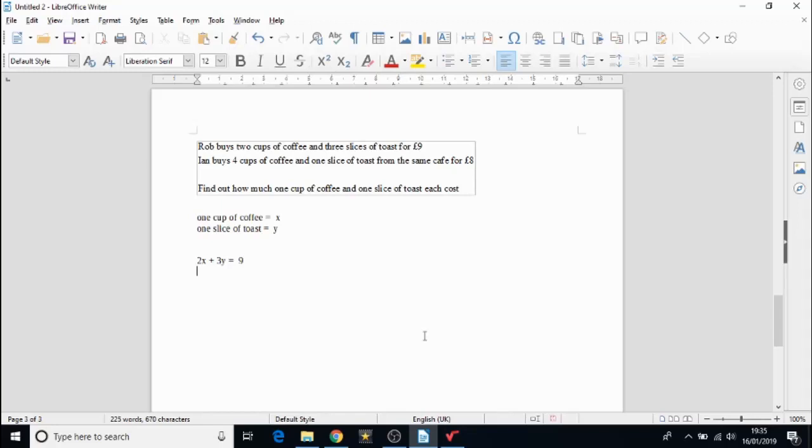Ian buys 4 cups of coffee and 1 slice of toast for £8. So that would be 4x plus y, same as 1y, is equal to £8. And as you can see, just from interpreting the question, you have your very own simultaneous equation you need to solve.